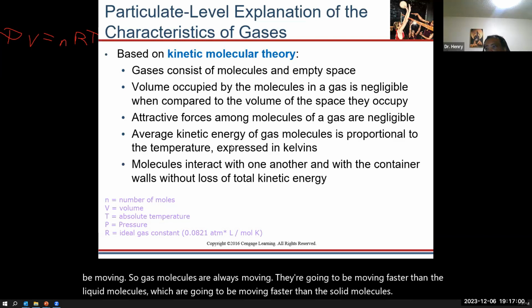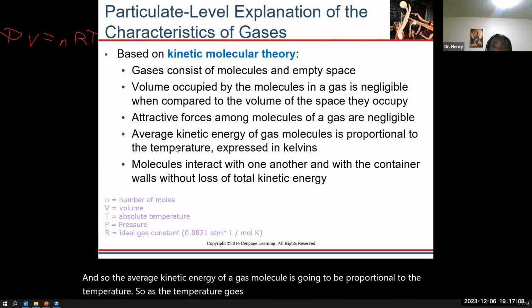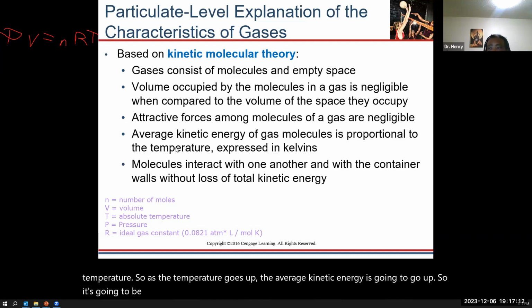And so the average kinetic energy of a gas molecule is going to be proportional to the temperature. So as the temperature goes up, the average kinetic energy is going to go up. So it's going to be directly proportional to the temperature.